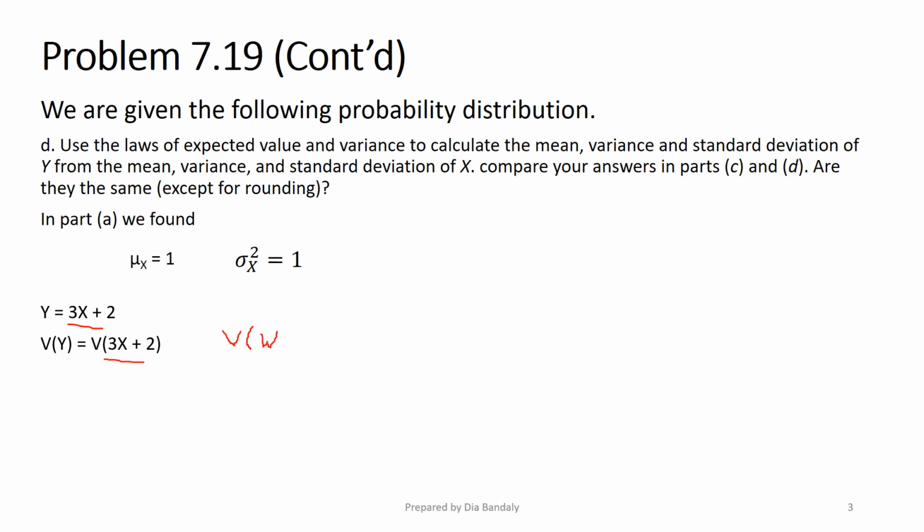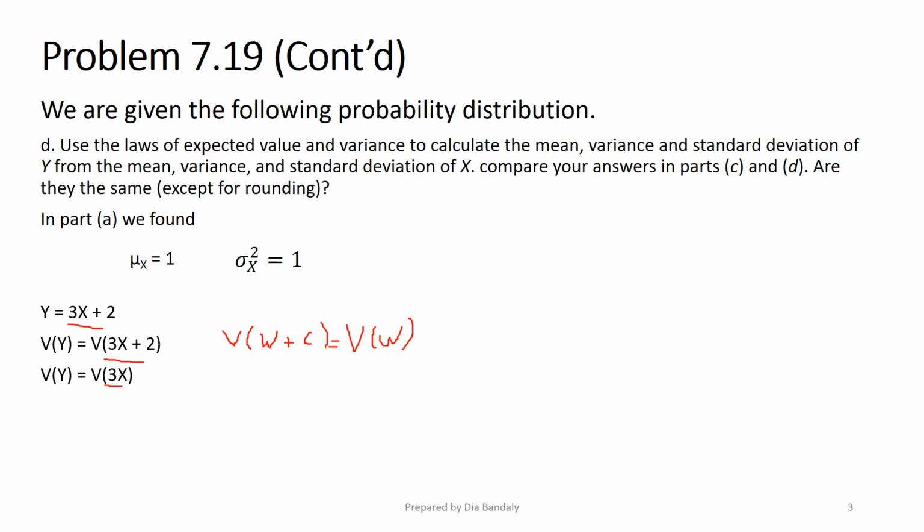V of w plus a certain constant, right? What is it? It's equal to V of w, right? Because the constant does not contribute to the variance. So this will allow me then to say that V of y is then V of 3x, right? It's only the variance of the variable part.